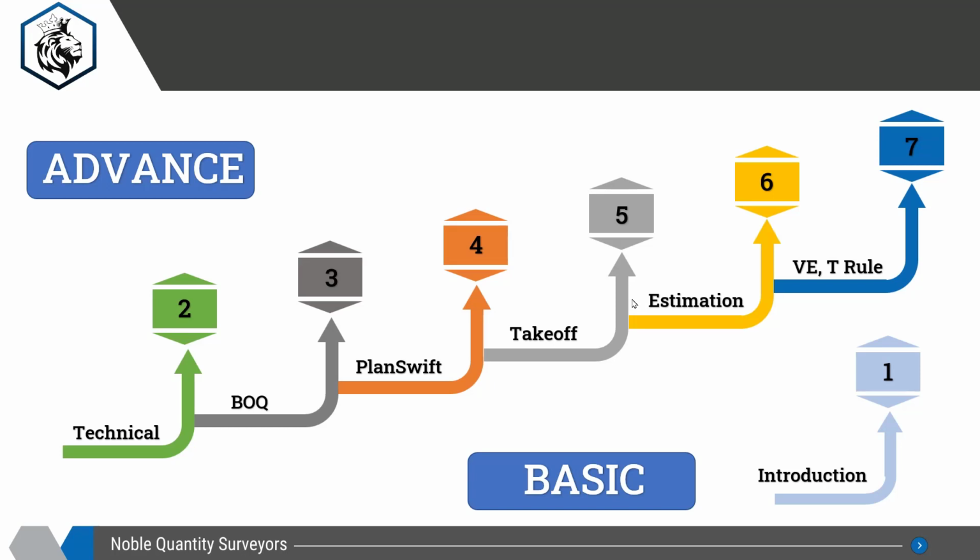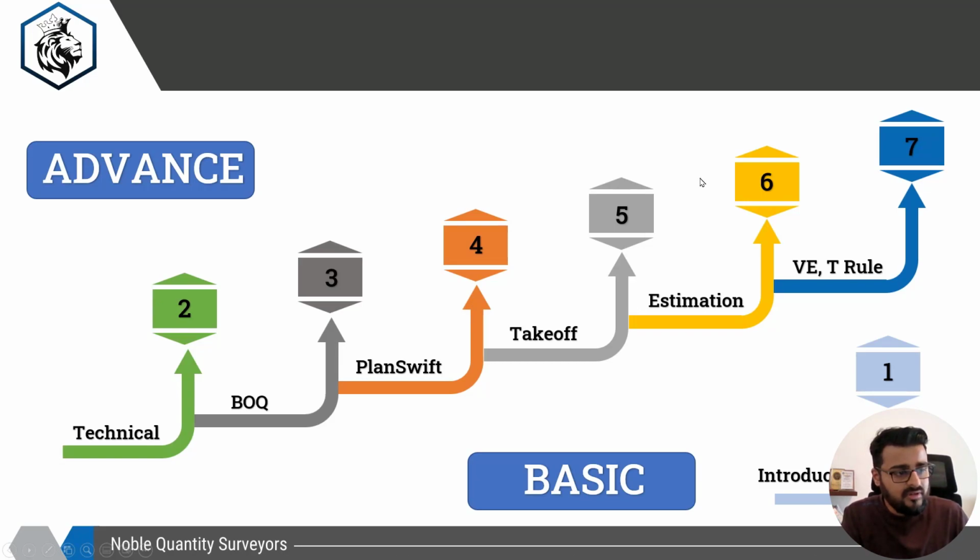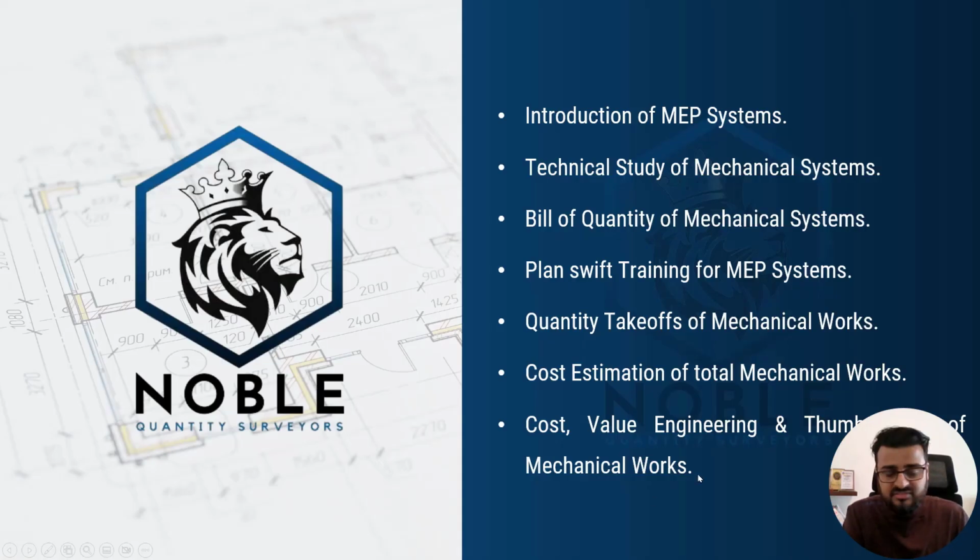This is the lesson which I am going to take today. After this, the second part of the course will be the advanced version. This advanced version will have 6 lessons, as we discussed in the last slide.